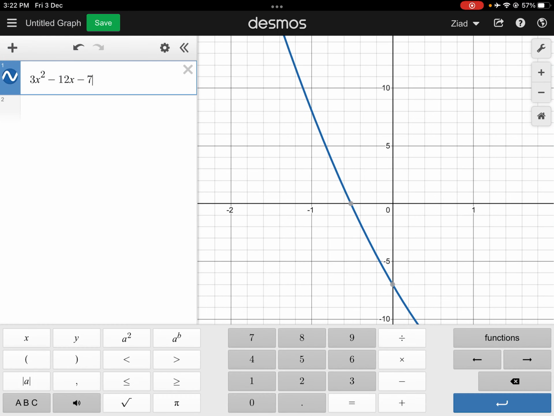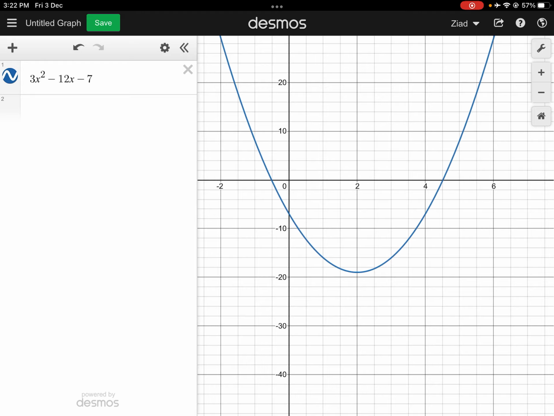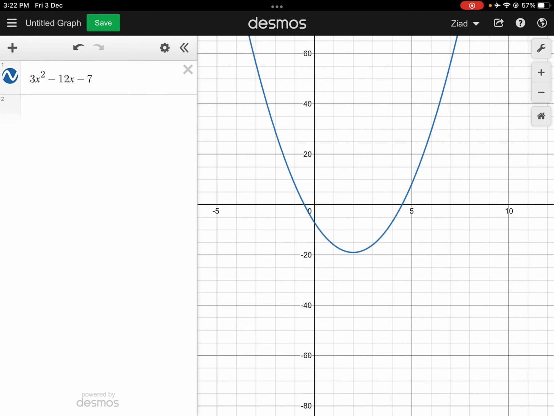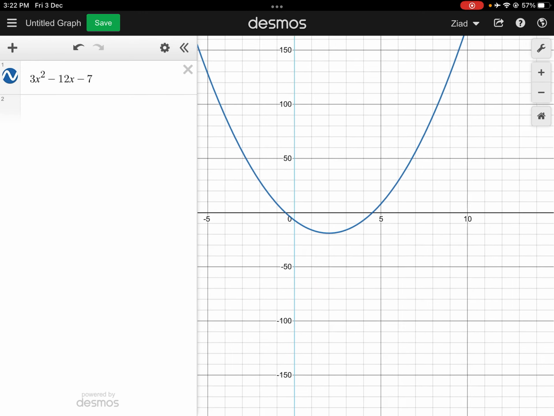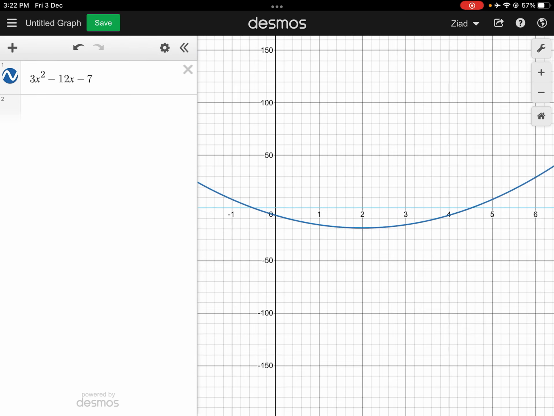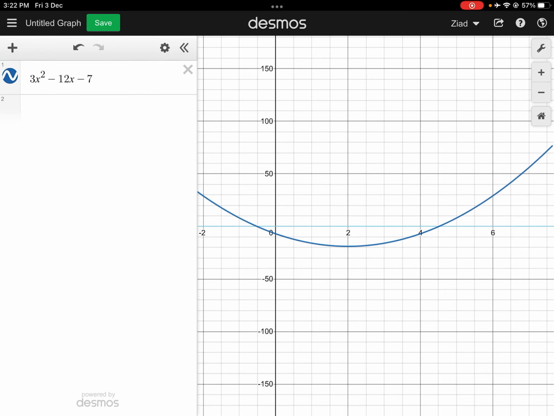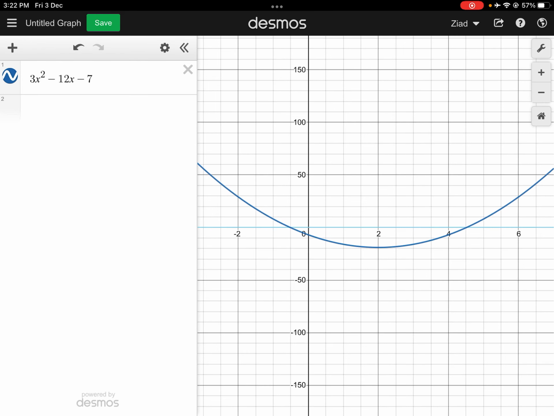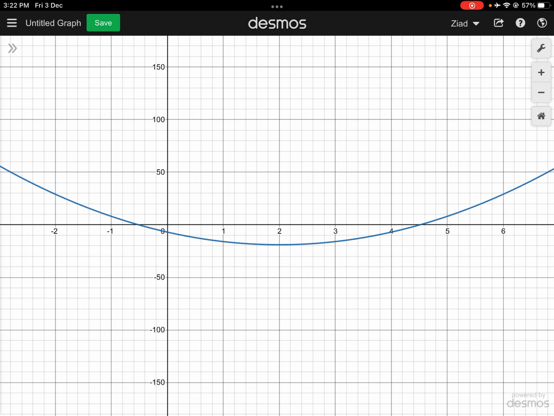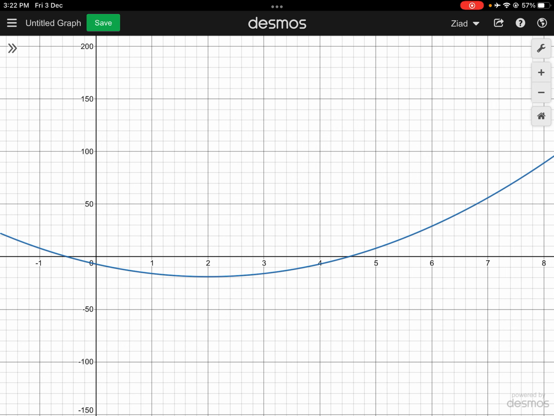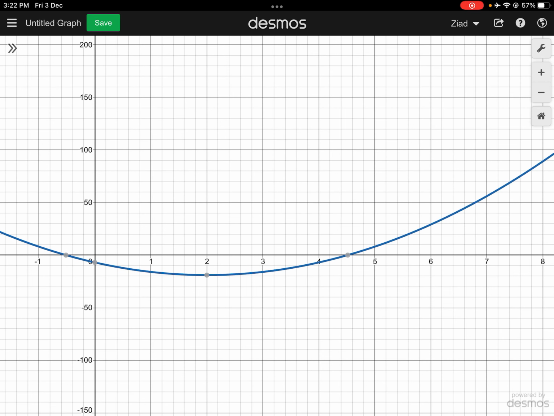So look here. I'm going to show you. This is the parabola. It says that if you go from -1, we have to make it from -1 to 7 if we can show both of them. It's not simple, so maybe like this, negative 1 to 7 on the x-axis.